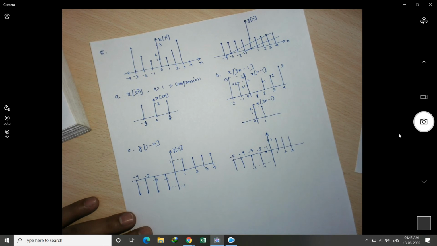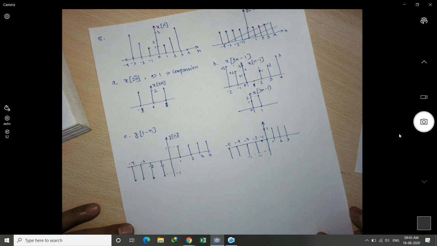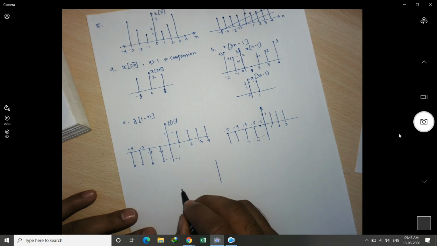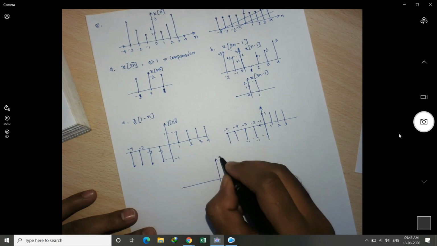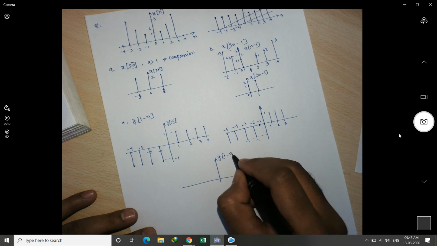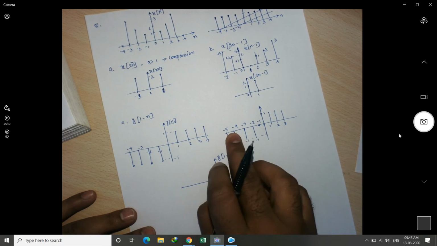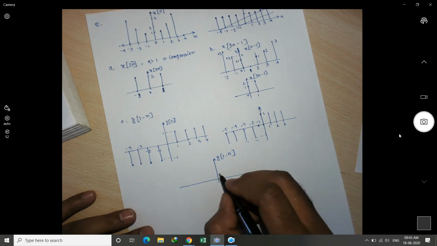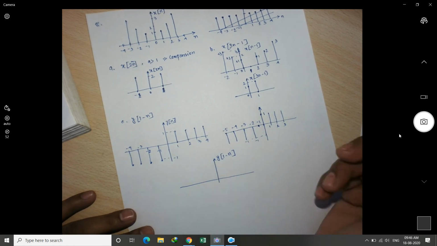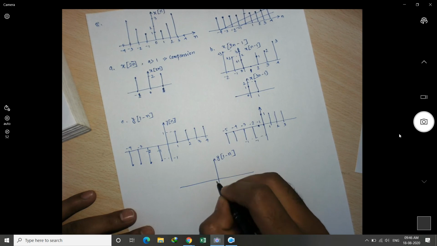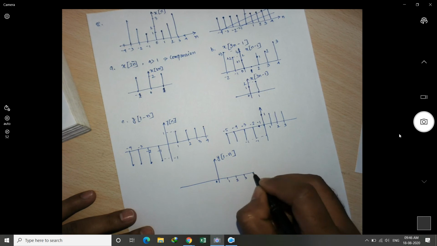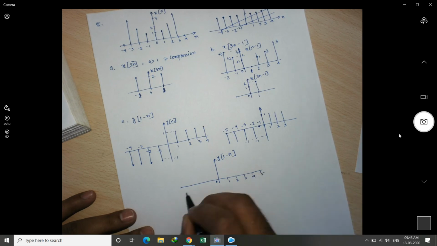Fine. Now we need to take the y of -n, right? So this final signal, that is y of 1 minus n, this one will go to the right hand side. So that will flip around the origin. So if you go with 0, it is 1, it is 2, 3, 4, 5.